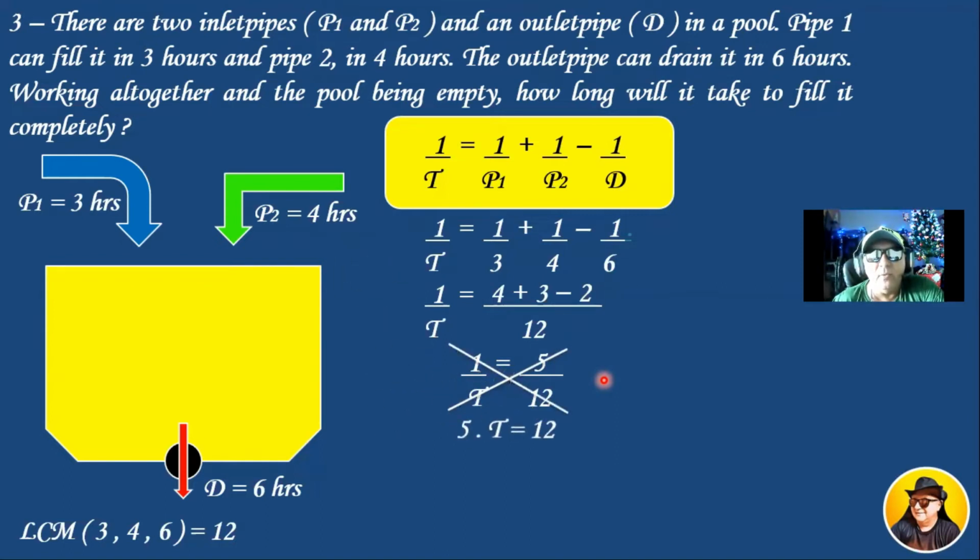So we have 5 times T is 12. And now T is 12 divided by 5. Oh, this division is not exact. So let me move my image.